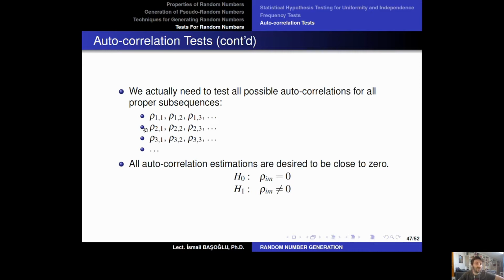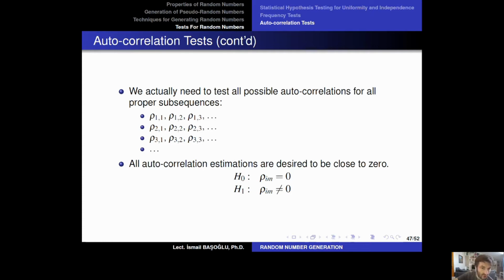Actually, we do not need to test row 2,1 if we have already tested row 1,1, because the subsequence starting from the second index and moving 1 step ahead is already covered by the original sequence itself. But we definitely need to test row 2,2, starting from the second index, moving 2 steps ahead every time.